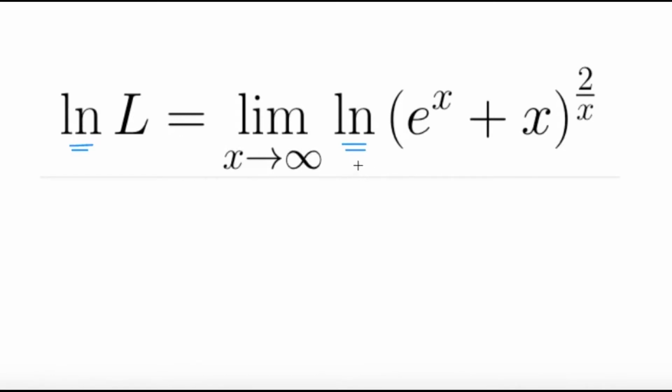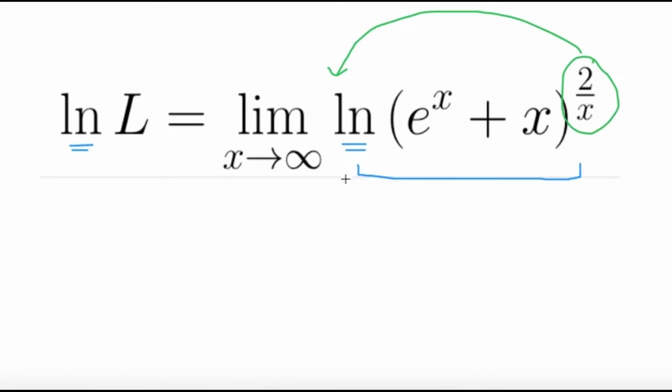Now this part is very nice because we can again apply our properties of logarithms. Since we have an exponent 2 over x here, I can put it in the front. So I would have 2 over x times ln of (e^x + x).